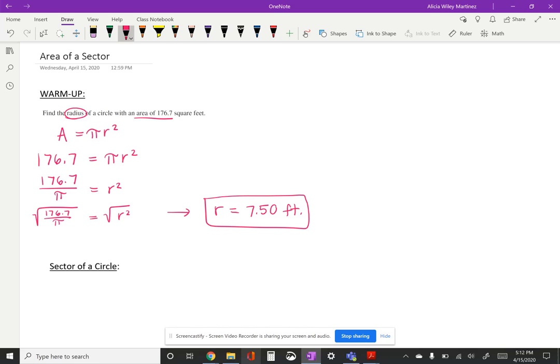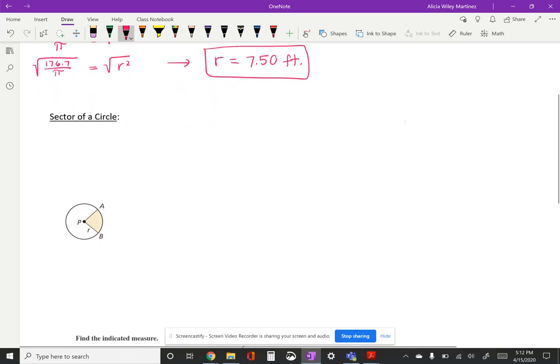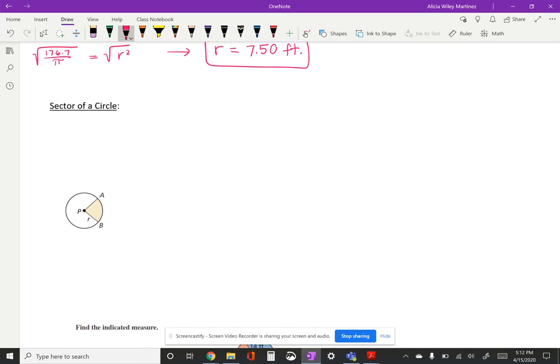Okay, let's now talk about another characteristic of a circle, which is what we call a sector of a circle. Let's first talk about what a sector of a circle is. I have a picture here also to help explain it. A sector of a circle is a section of a circle bounded by two radii, that's plural for radius.